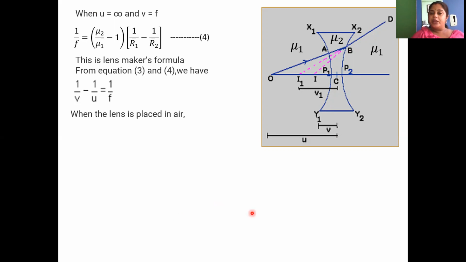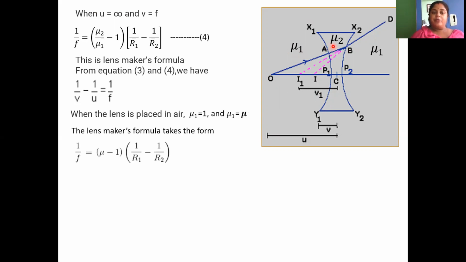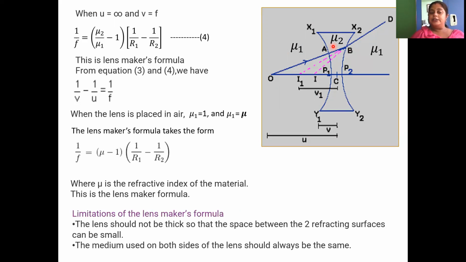Again, if this lens is placed in air, then mu1 equals 1 and mu2 can be written as mu. In this case, you will get the lens maker formula 1 by f equals (mu minus 1) into (1 by R1 minus 1 by R2), where mu is the refractive index of the material.